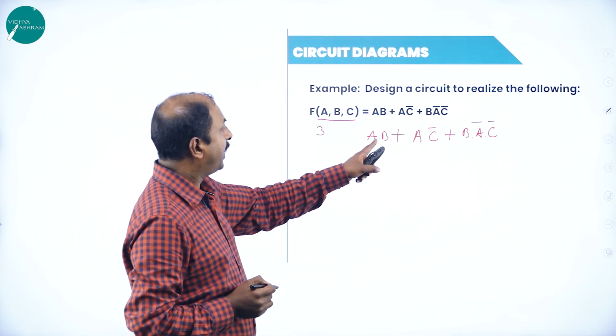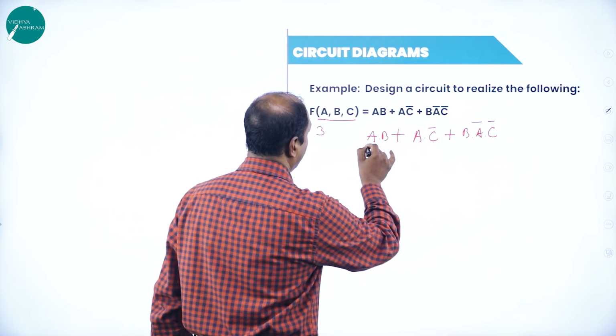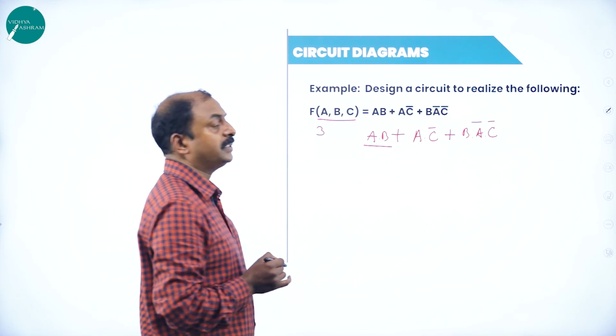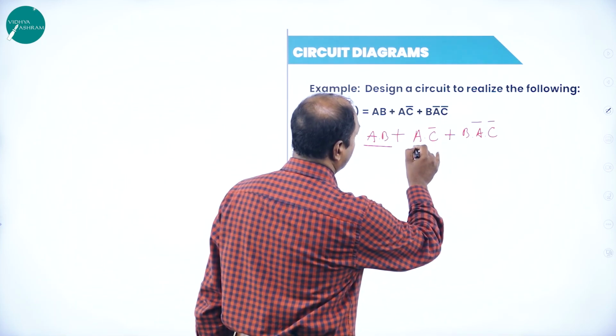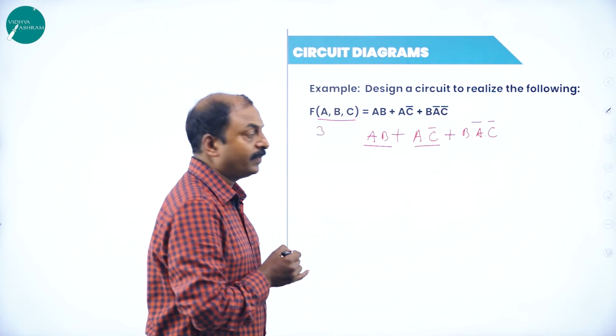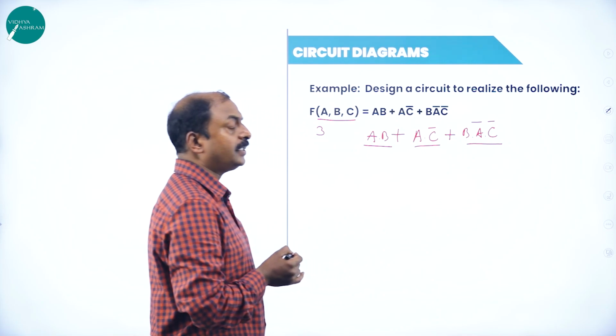Here A and B, this is one term, A and B, it is your AND gate. And this is A and C naught, this is one more gate. And here B, A, C naught, this is another gate.